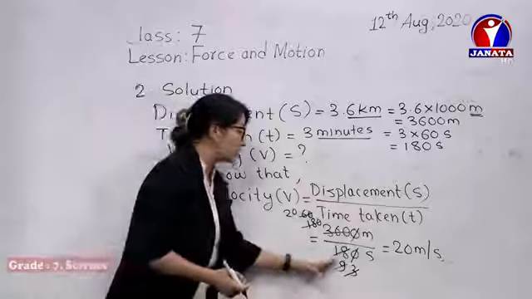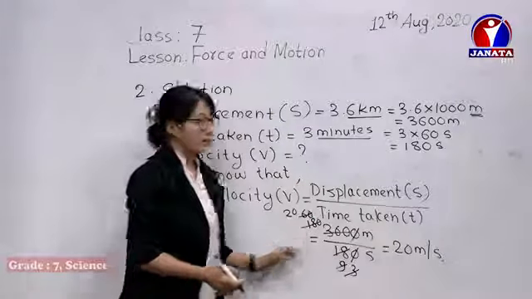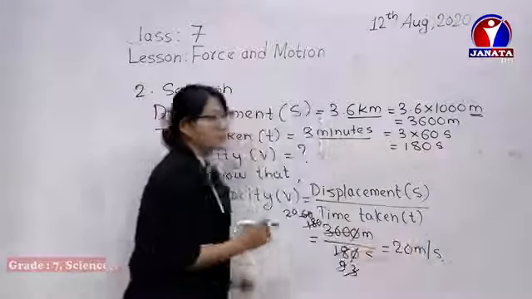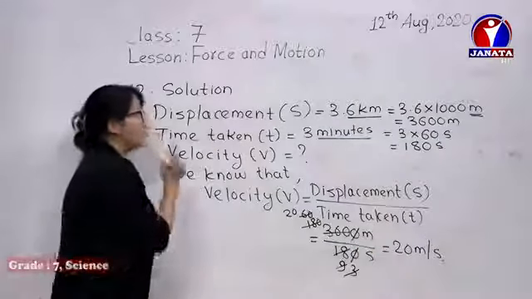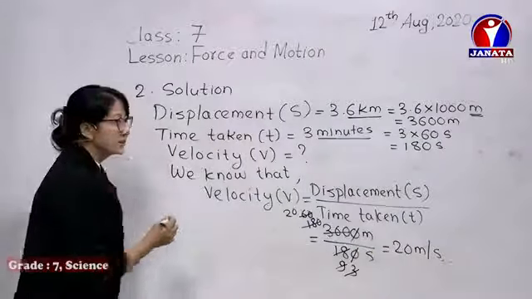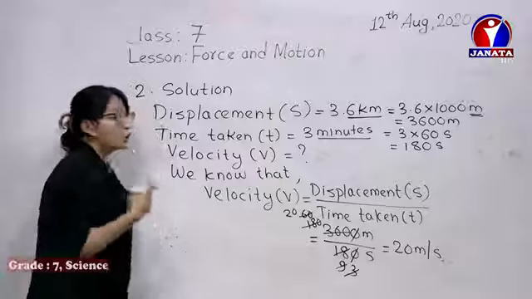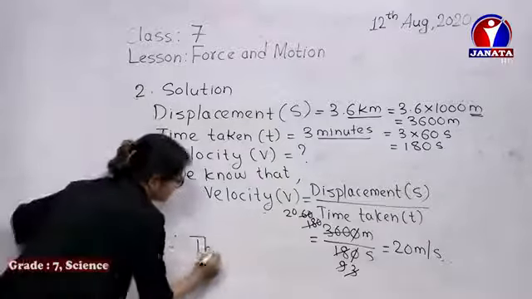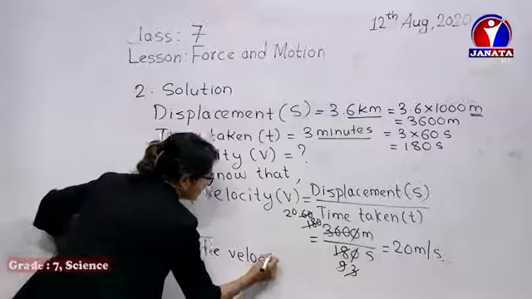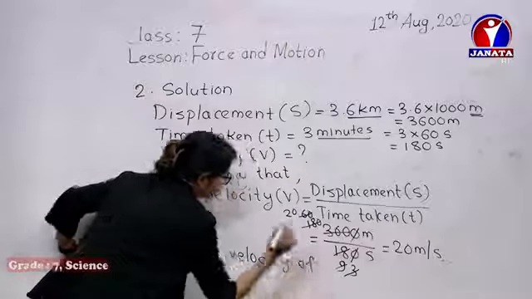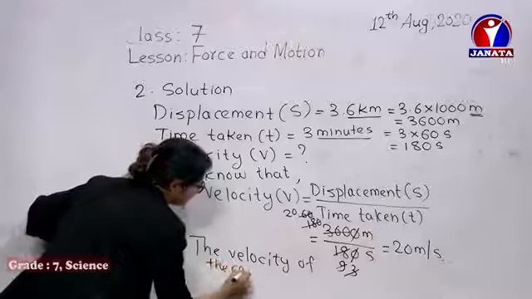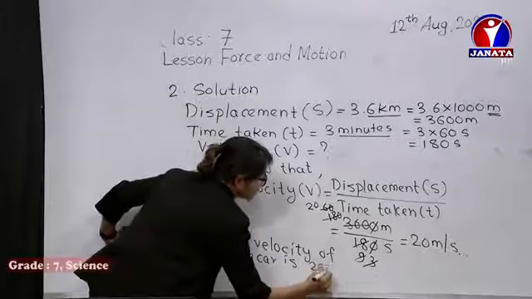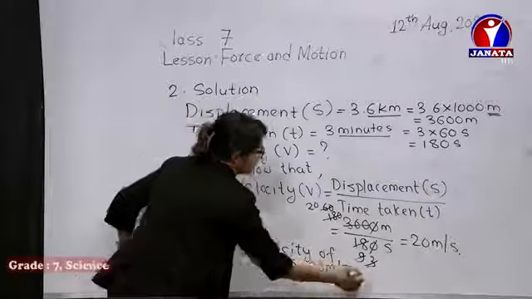So from the basic level, we can do it this way. Therefore, the velocity of the car is 20 meter per second.